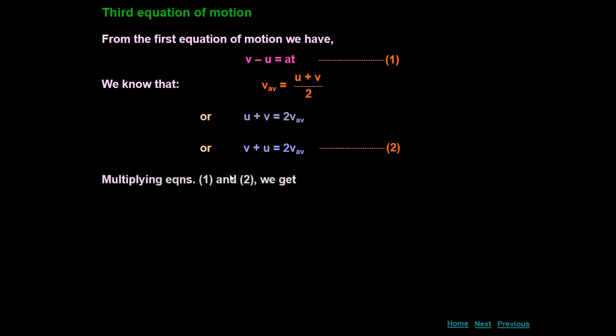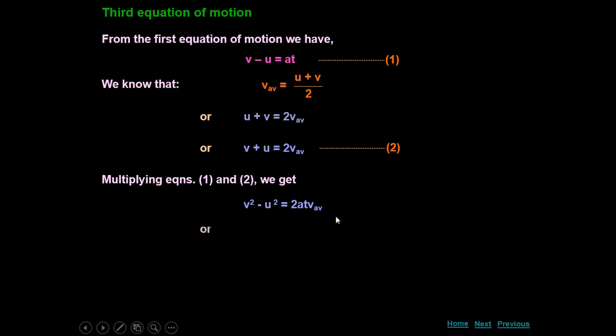We have to multiply equation 1 and 2, then we will get, as you know the formula, a square minus b square is equal to a plus b into a minus b. Same like that, here we have v minus u and v plus u. We can write it as v square minus u square, and this is 2 into v average and at. So we can write 2at v average.